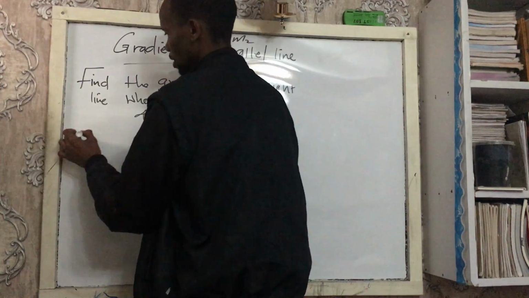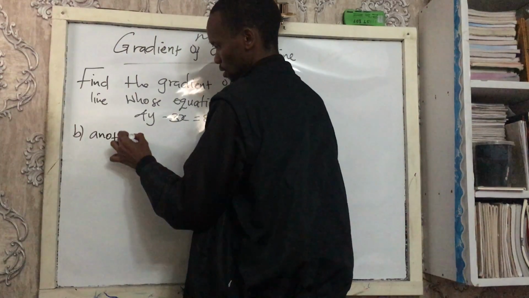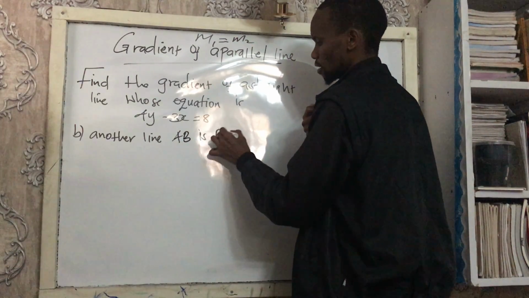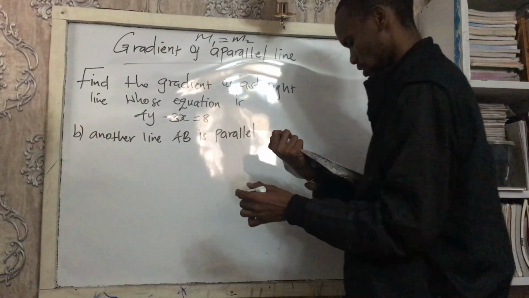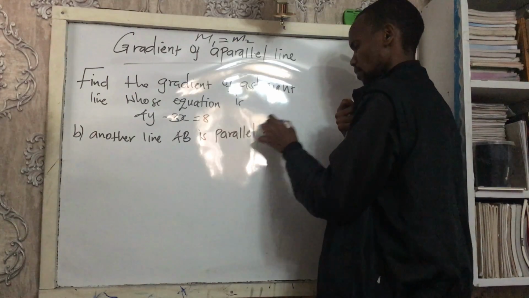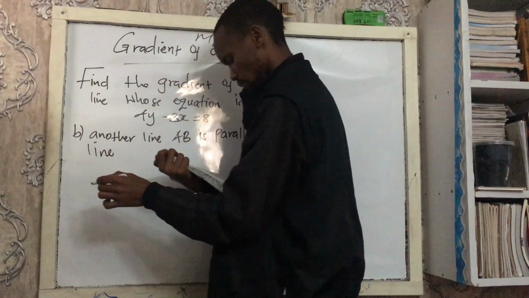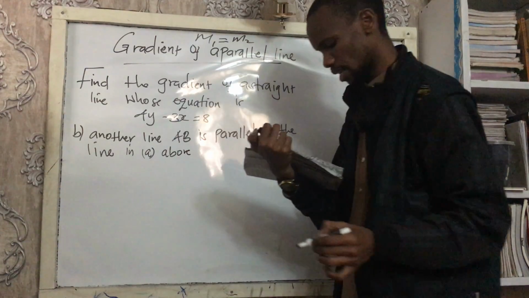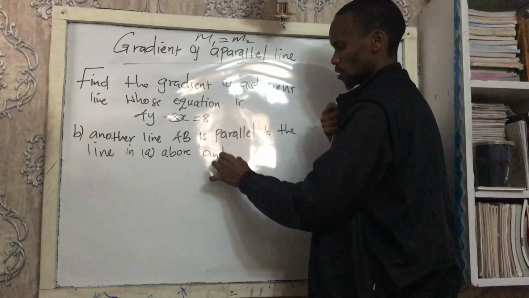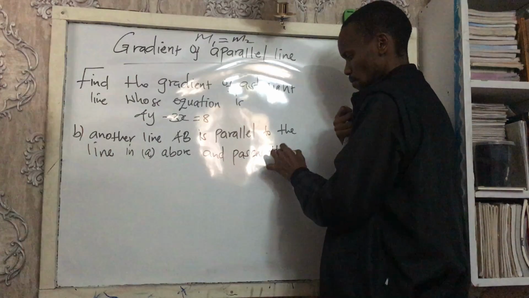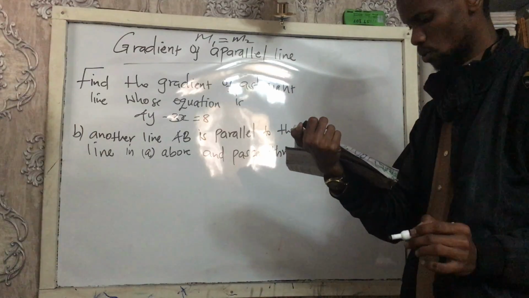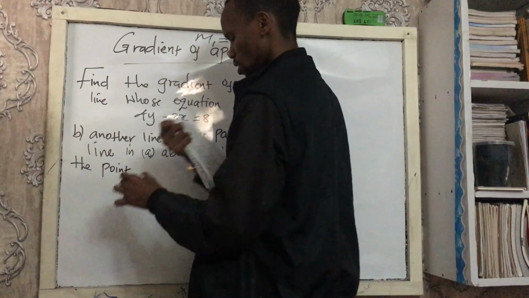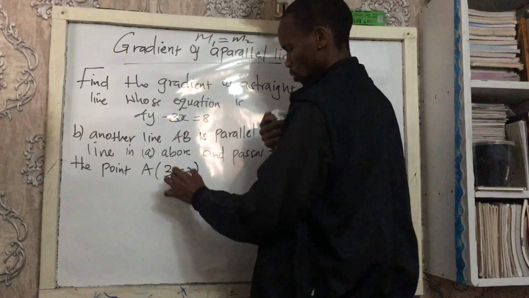And then you are being told part B: another line AB is parallel to the line in A above and passes through the point A(3, -2).